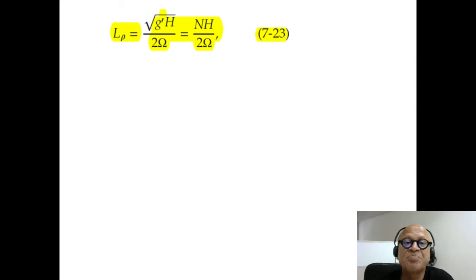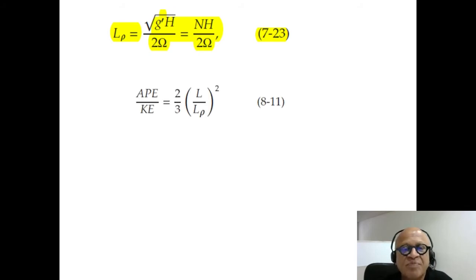We said if we compare available potential energy to kinetic energy in the atmosphere, available potential energy is about 50 times higher. We had already mentioned that in the ocean, this ratio is 400, which means the ocean is locking up 400 times more energy as potential energy compared to the kinetic energy of the currents.